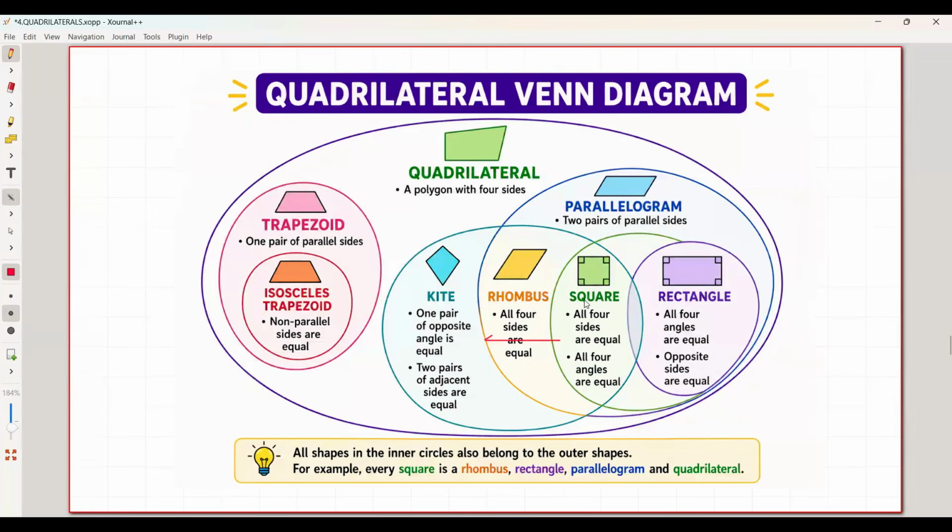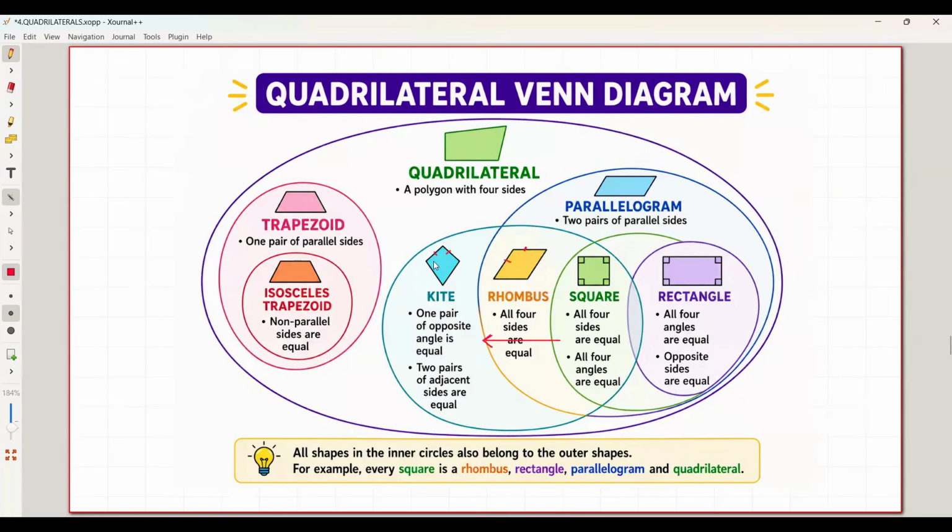We can say a square is satisfying the properties of a kite. We'll check the properties of kite and rhombus. A kite has fewer properties. In a kite, a pair of adjacent sides are equal. In a rhombus also, a pair of adjacent sides are equal.